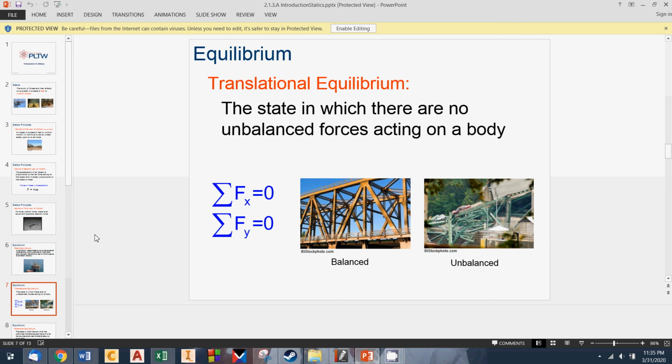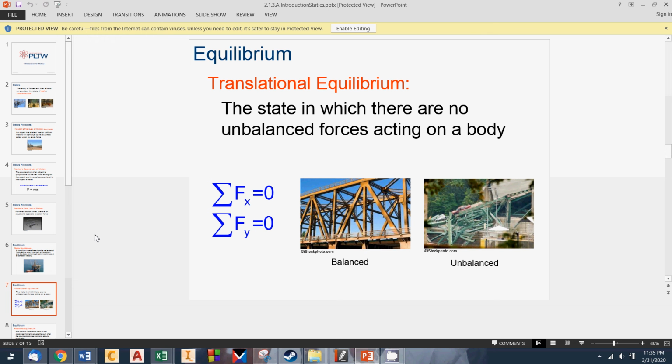Now, up to this point, you guys have seen how we can take an X and Y force and combine them together to make another force, or we can take a force that's at some angle and break it into its X and Y forces. We're only going to be dealing with two-dimensional objects, so objects that have an X and a Y. We're not going to deal with a Z-axis.